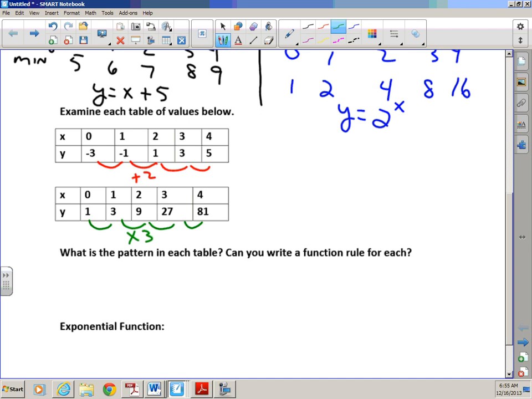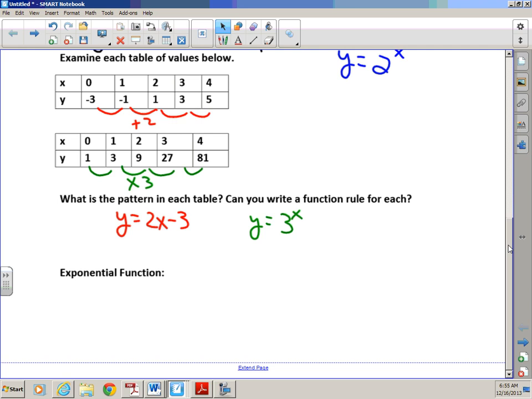Well, for the first one, you should be able to write this equation, y equals 2x minus 3. And then hopefully you see in the second one that this would be the equation y equals 3 to the x power.